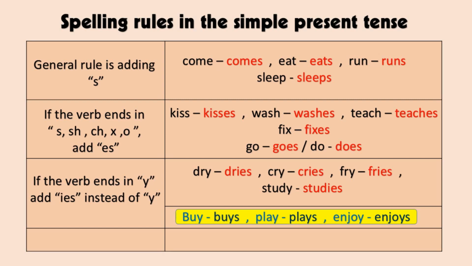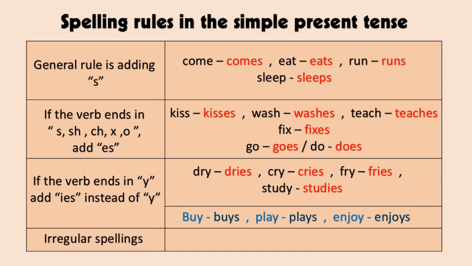The reason why we do so is that those verbs end in y preceded by a vowel like a, e, i, o, u. You know that there are 26 letters. Out of them, 5 are vowels, a, e, i, o, u, and other 21 are consonants. So here in the verb buy, y letter is preceded by the vowel u. So we just add s to the verb.